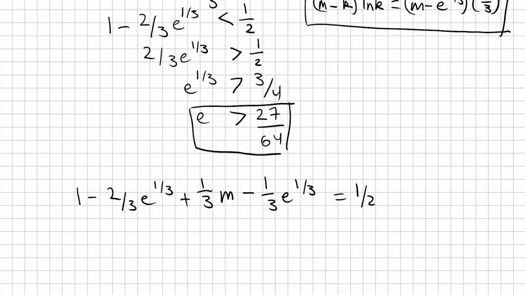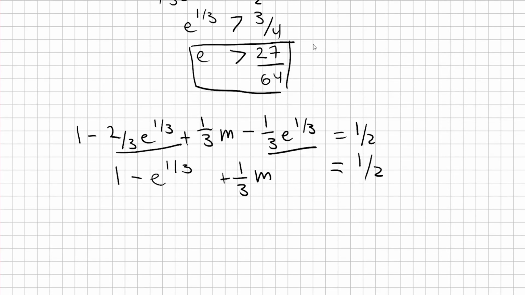So from this we can simplify it to get 1 minus e to the 1/3 if we bring these two terms together, plus 1/3 m equals 1/2, and from this we can just isolate m, so 1/3 m equals e to the 1/3 minus 1/2 if we take the 1 to the other side as well.